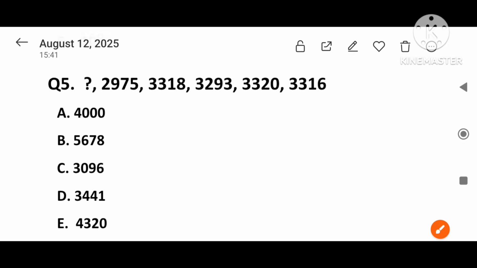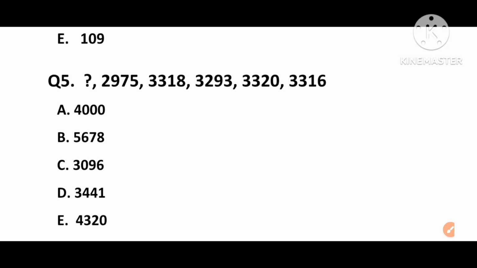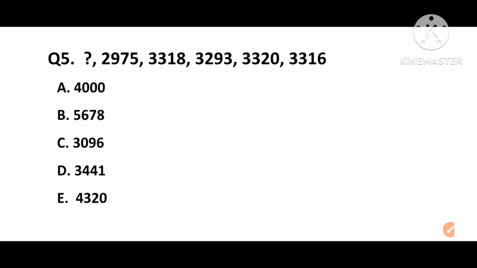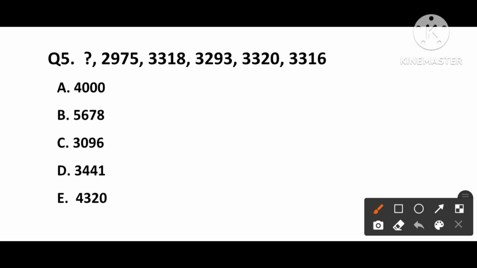Now we are moving with question number 5, the final question of the missing number series. Here the difference between these two is 25 plus 300 which will be 325. 325 plus 18 which will be 343. 343 is the difference between these two.